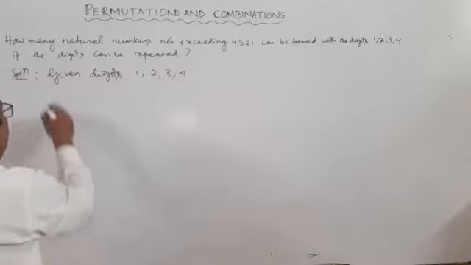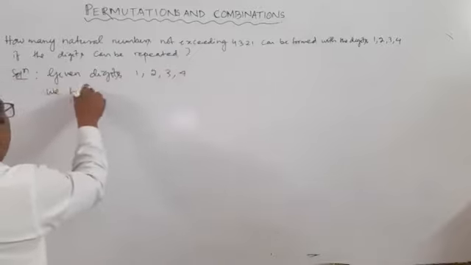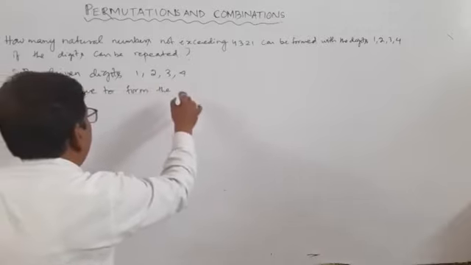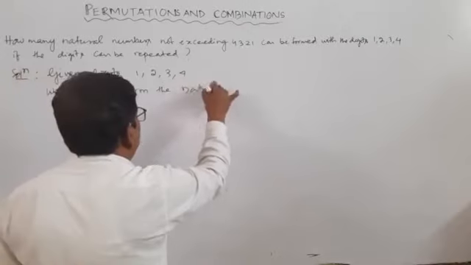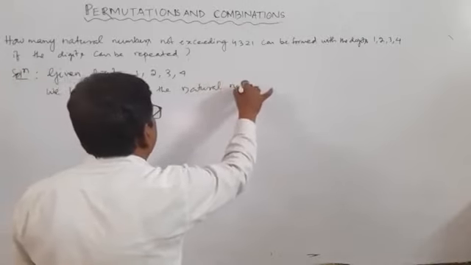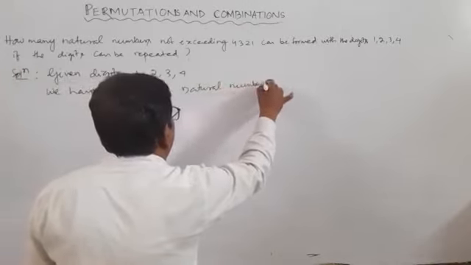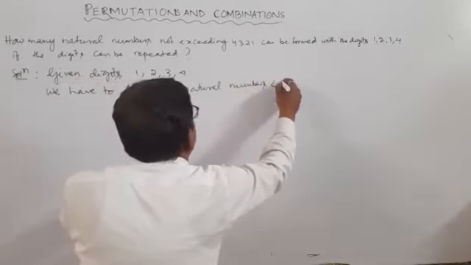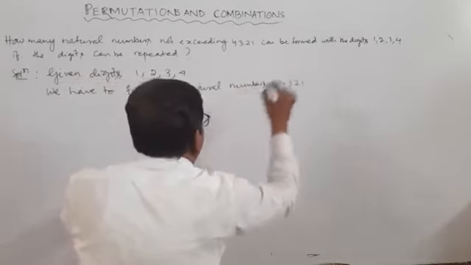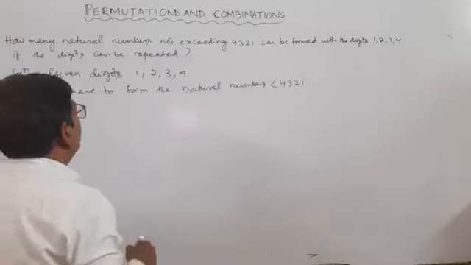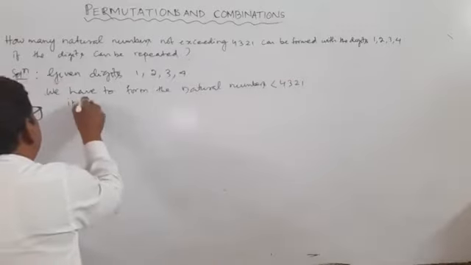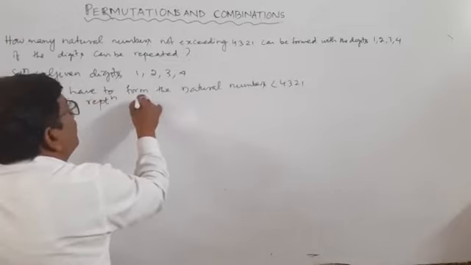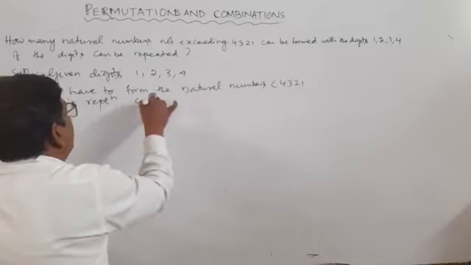We have to form the natural numbers less than 4321, if repetition is allowed.